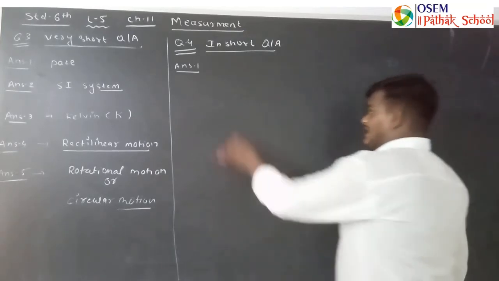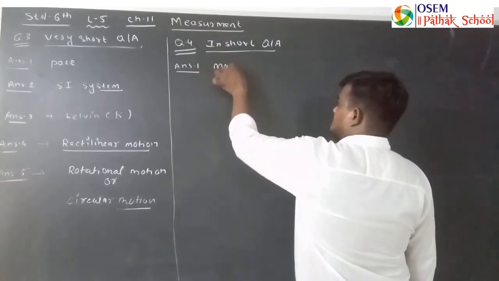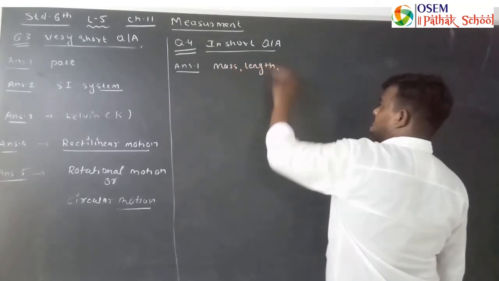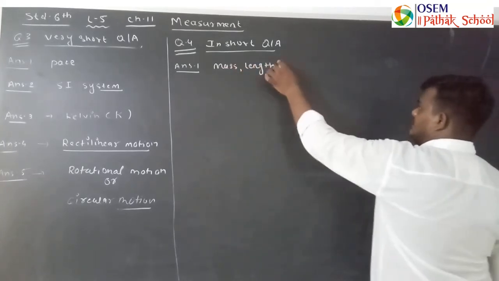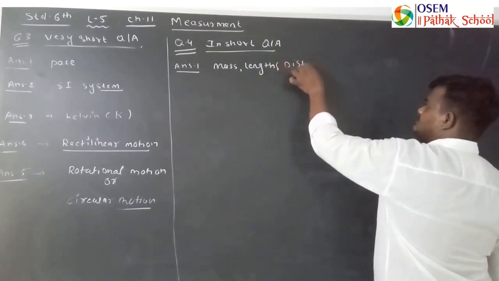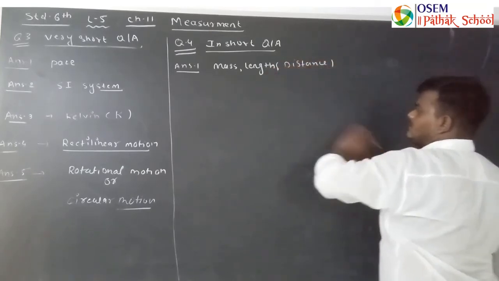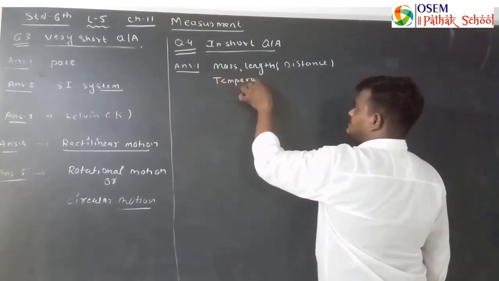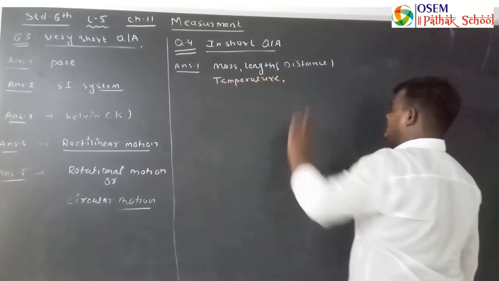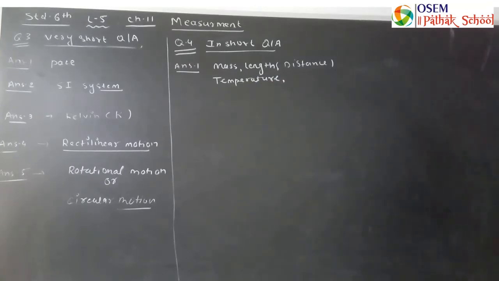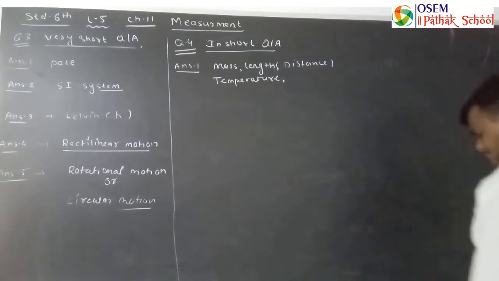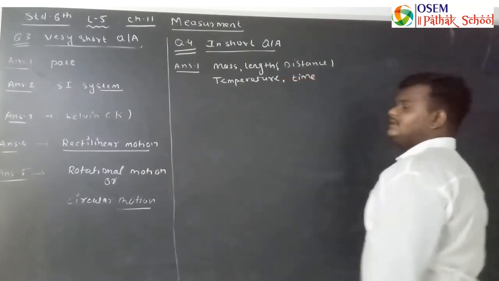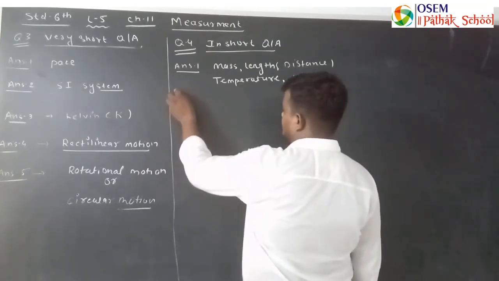So mass is measured, length means distance, we can say length in the sense of distance, then temperature is also measured, then time. So mass, distance, temperature, time, that all can be measured. So these are the 4.